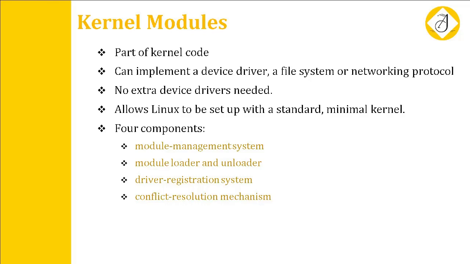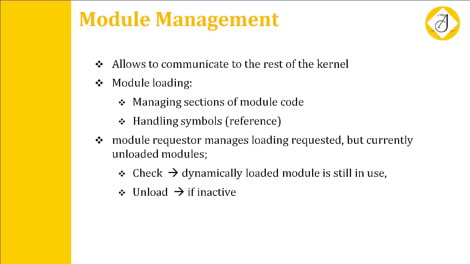Let us discuss these components one by one in detail. The first one is the module management. The module management supports loading the modules into memory and letting them talk to the rest of the kernel. Talking to the rest of the kernel means it is able to communicate with the other kernel modules.